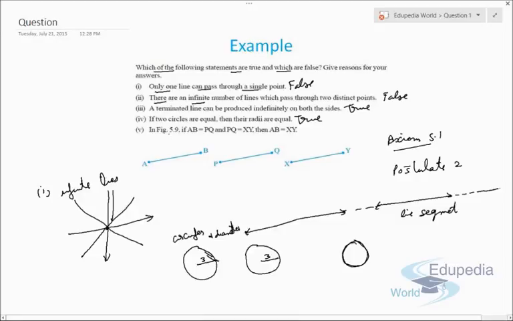In figure 5.9 below, if line AB equals PQ and PQ equals XY, then AB equals XY. Meaning if AB equals PQ and PQ equals XY, then we have to prove AB equals XY.